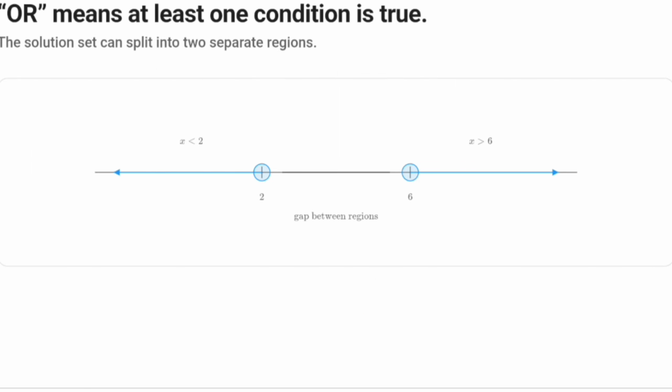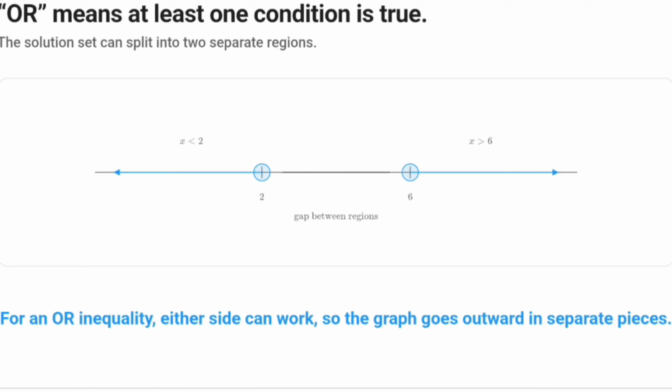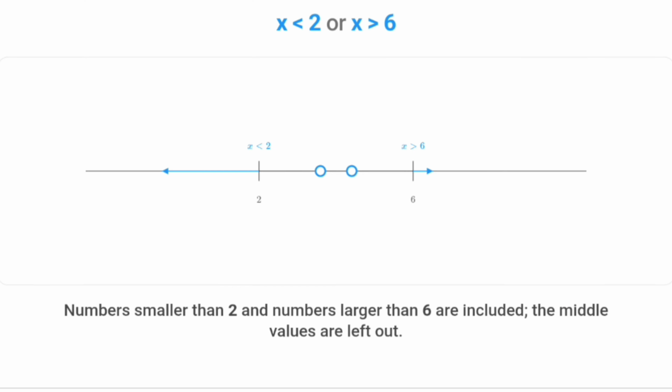An or compound inequality means at least one condition must be true, so its graph often splits into two separate regions. The statement x < 2 or x > 6 includes numbers smaller than 2 and numbers larger than 6, leaving the middle values out.